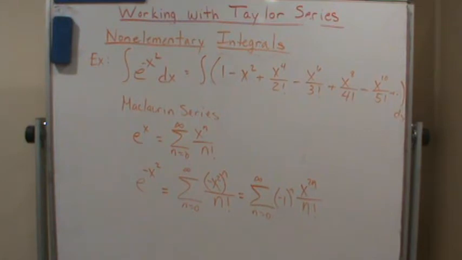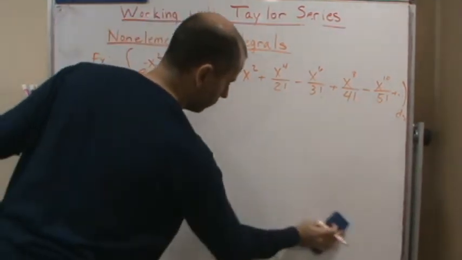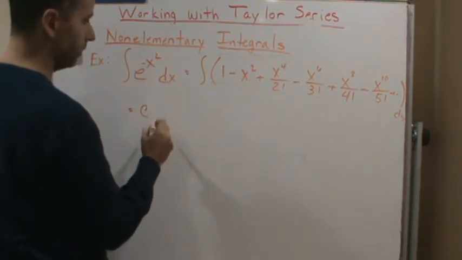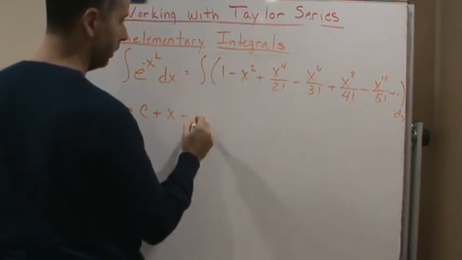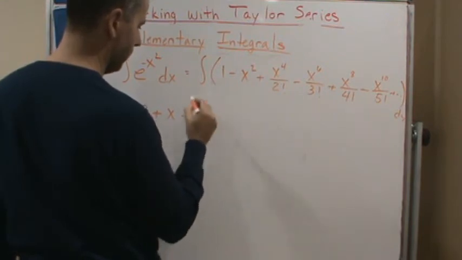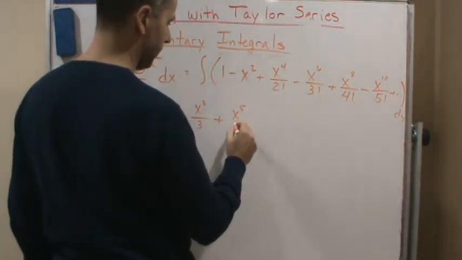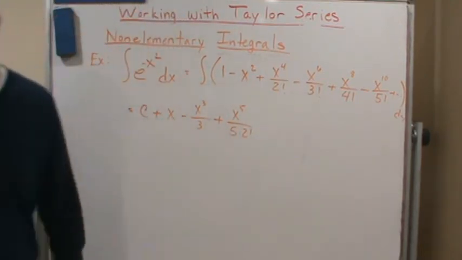Well, let's do it. So if we integrate it term by term, what do we get? Well, that's going to give us c plus x minus x cubed over 3 plus x to the 5th over 5 times 2 factorial, right?